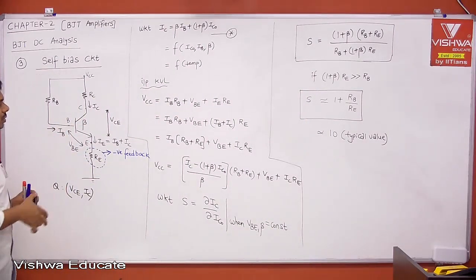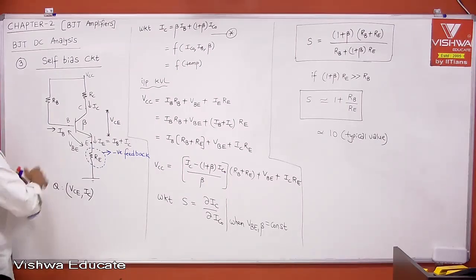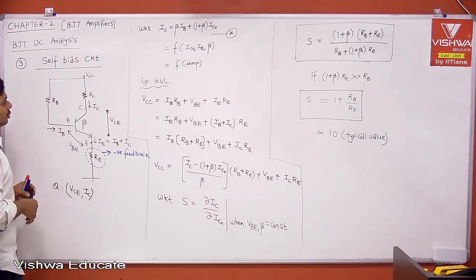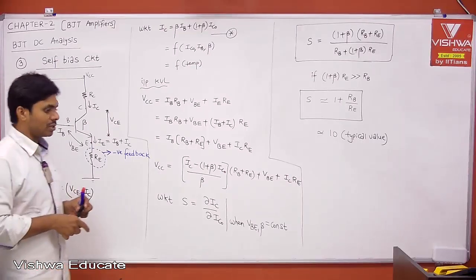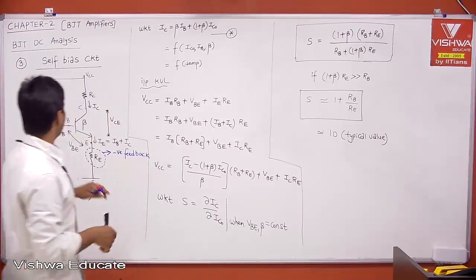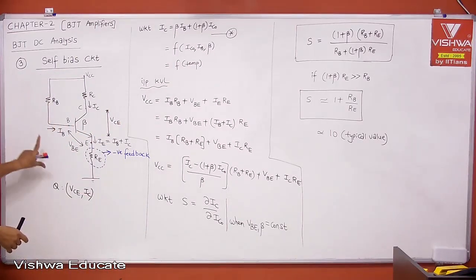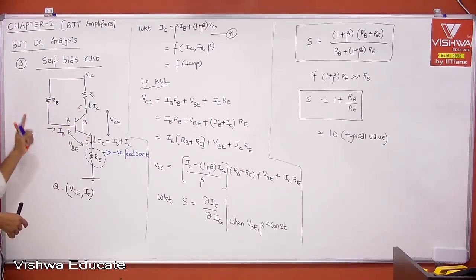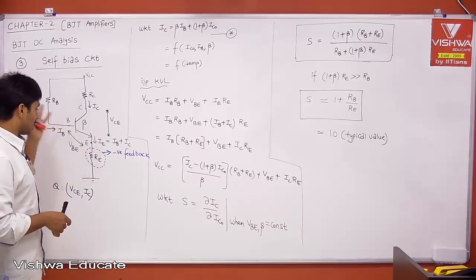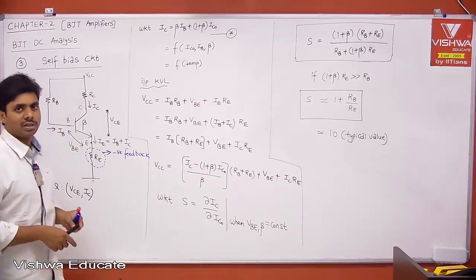Okay, before going to that, now write down the practical self bias circuit. This is also a self bias circuit, but I want to correct something to make the transistor easily stay in the active region. Therefore, there is a split of resistor RB into R1 and R2. That is what is helping the transistor to keep in the active region.